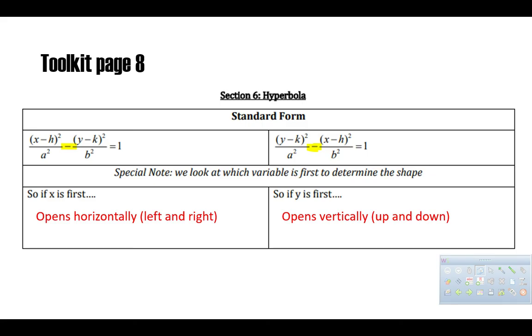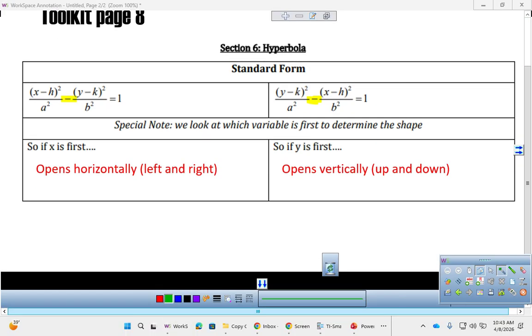So in one version of a hyperbola, the x comes first, and in another version of a hyperbola, the y comes first. That's the main part. That's what determines the way it goes. So an x-first hyperbola opens in the x direction, meaning it looks like this. This is what a hyperbola is. It's like 2 parabolas repelling.